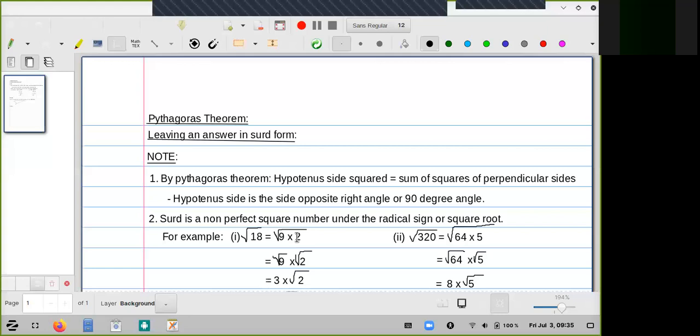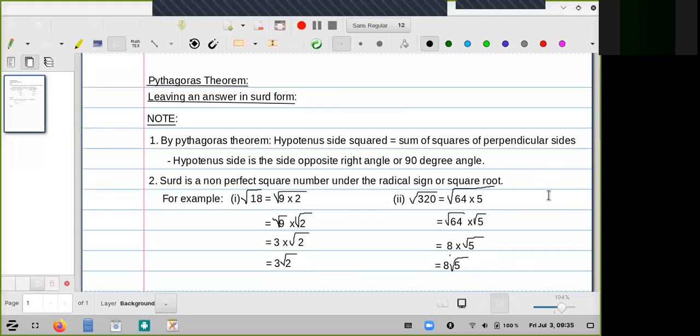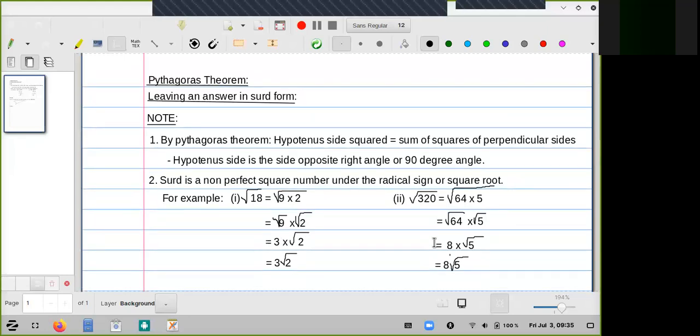Now I've just distributed the radical sign to the square root of 9 times the square root of 2. Then the square root of 9 we can simplify to 3, times the square root of 2. Remember, 2 is not a perfect square. So the square root of 18 is equal to 3 square root of 2.